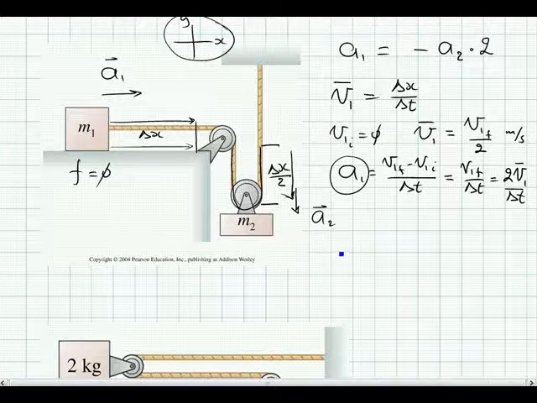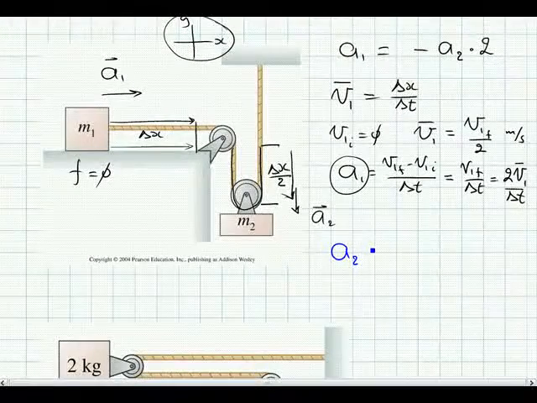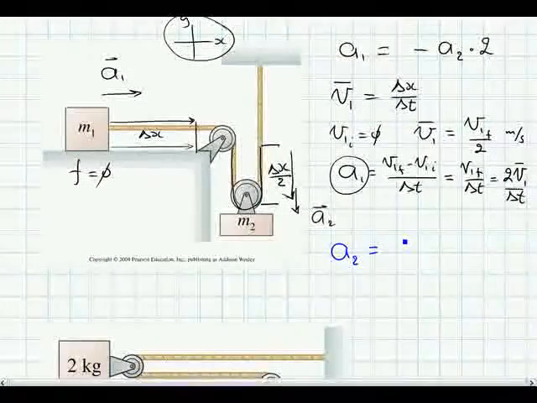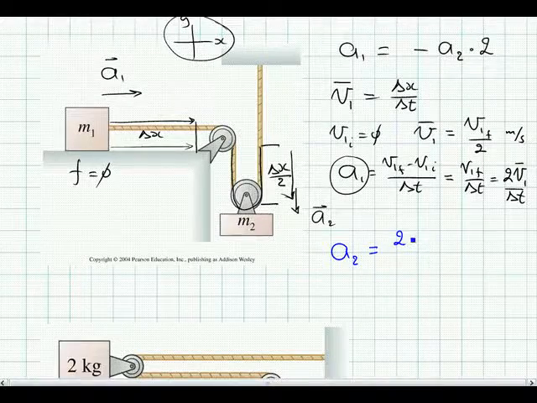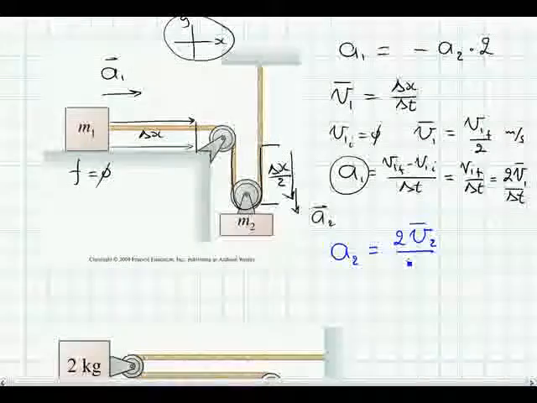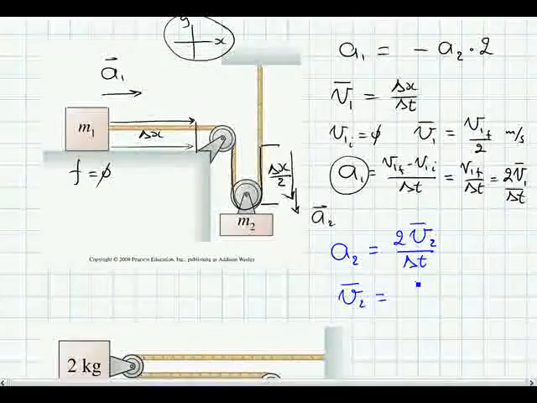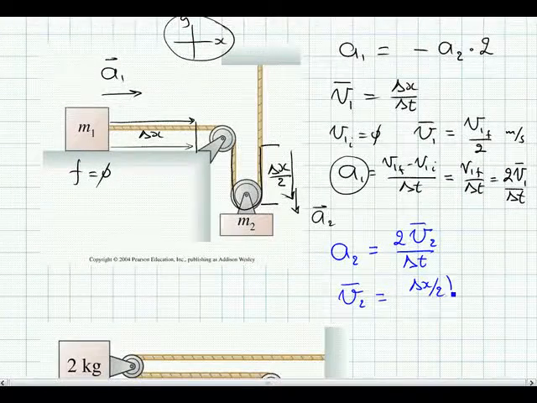Going through the same analysis, you end up with acceleration of 2 equal to twice average velocity of 2 divided by delta t, but the average velocity of 2 is equal to delta x divided by 2.